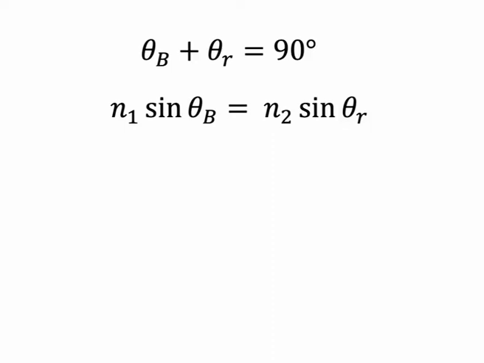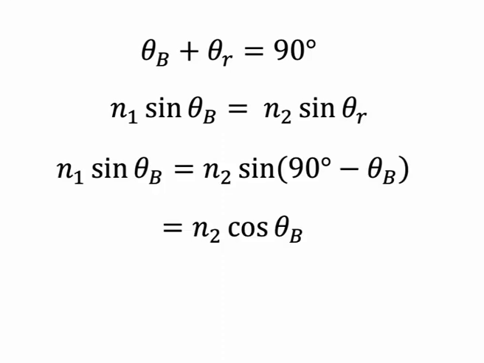Combining these equations leads to n1 sine of theta b is equal to n2 sine of (90 degrees minus theta b), which is equal to n2 cos of theta b, which gives us theta b is equal to tan inverse of n2 upon n1. Note carefully that the subscripts in equation A are not arbitrary because of our decision as to their meanings.